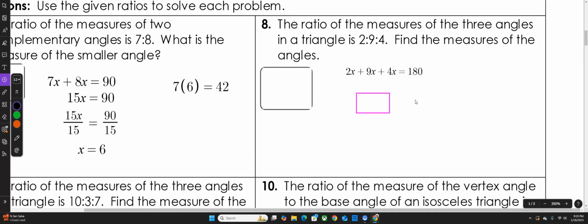We're going to combine like terms. So 2x plus 9x is 11x plus 4x is 15x. And that's going to be set equal to 180.